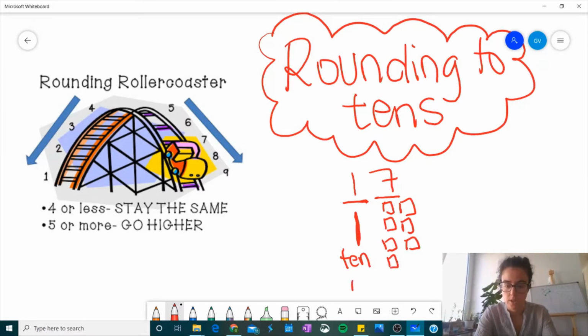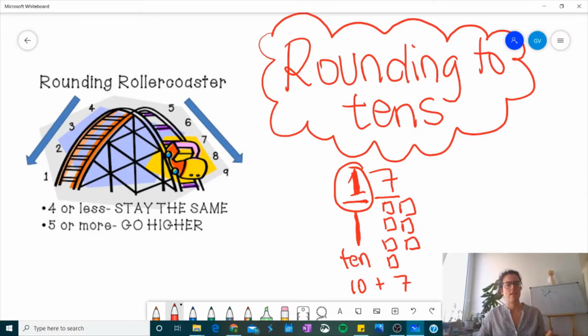So this is 10 plus 7. So when we talk about rounding to the tens, we want to round to this number. So this is the number that will either change or stay the same.